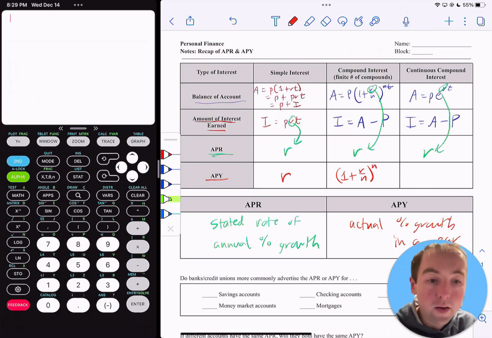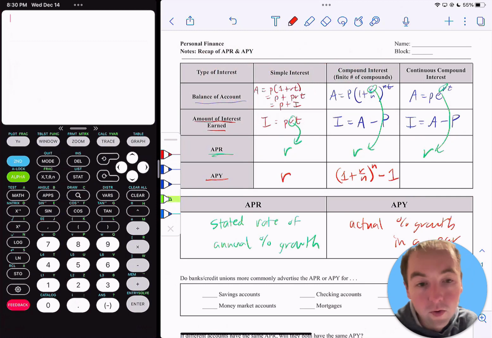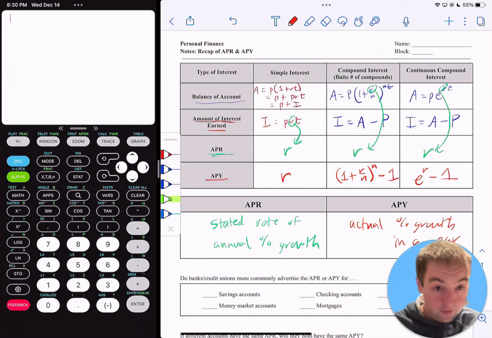We don't have the t in the exponent because it's just a 1, because we want it for 1 year. And then if you subtract 100%, or just the number 1, from it, it gives you the percent of increase. And for continuous compound, it's just e to the r times 1, so just e to the r, and then minus 1. That calculates your annual percentage yield in that case, okay?